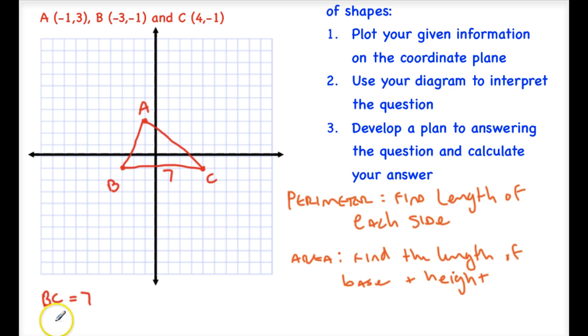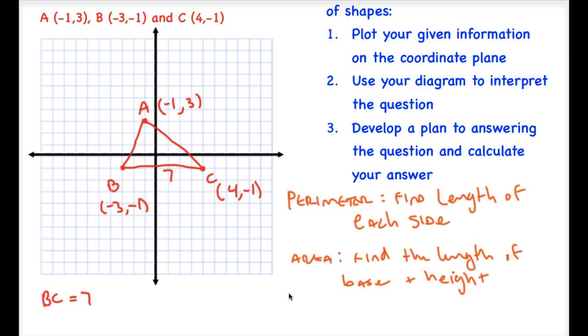Now let's figure out what AB and AC are to get my other two sides. The coordinates here, we can also label those on our diagram, or remember that they're written up here. A is -1, 3, B is -3, -1, and C is 4 and -1. These coordinates are going to help us find the distance between A and B, so we're going to need to use our distance formula.